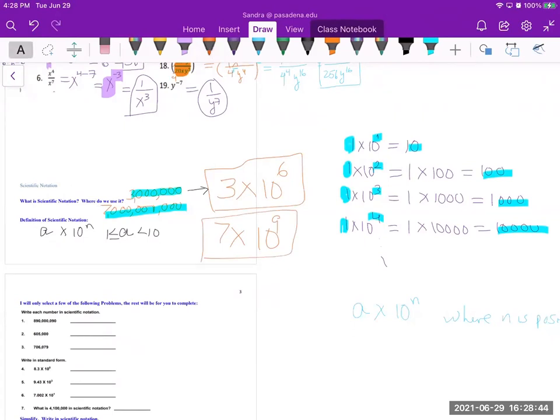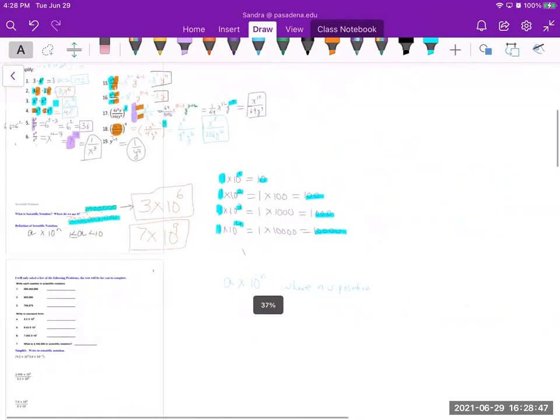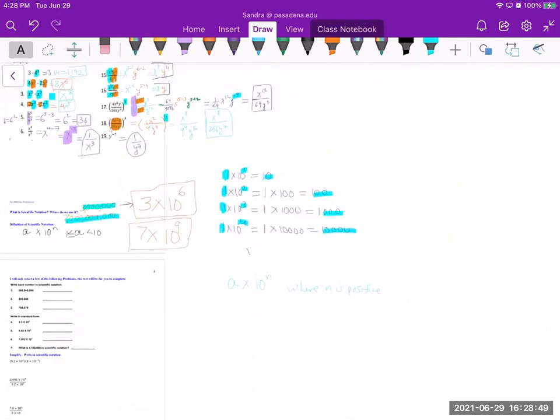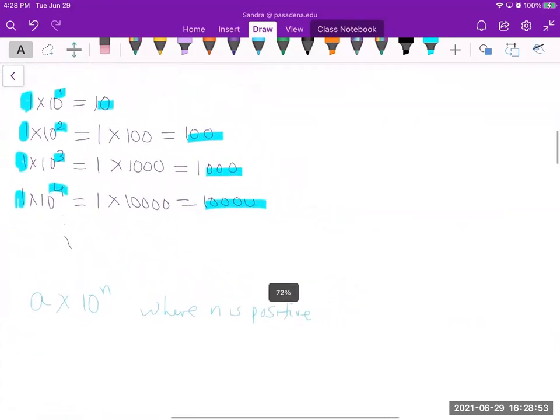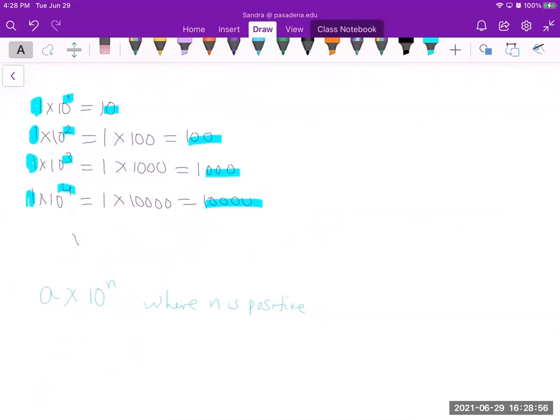Okay, here's now the problem that I have. I said that your exponent can be positive or negative. So far I only discussed positive. How do I know when my exponent is negative?